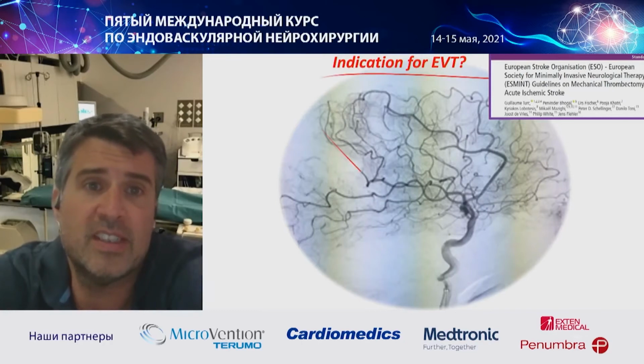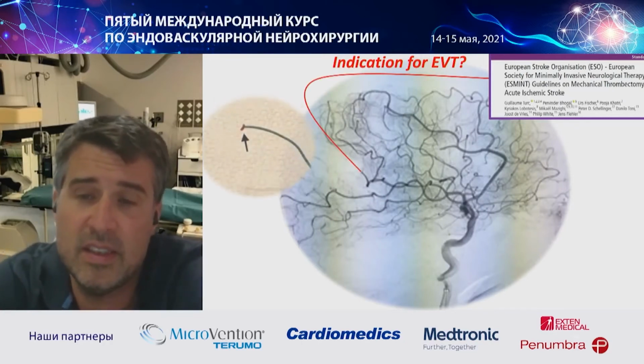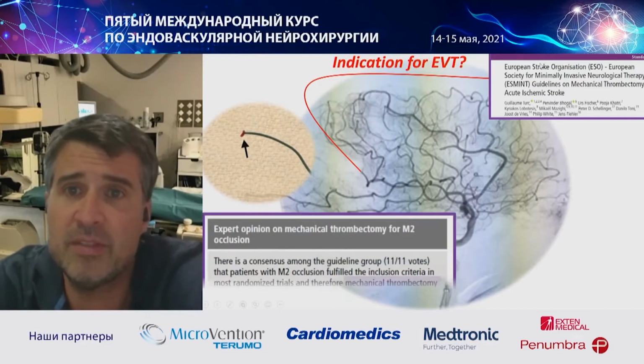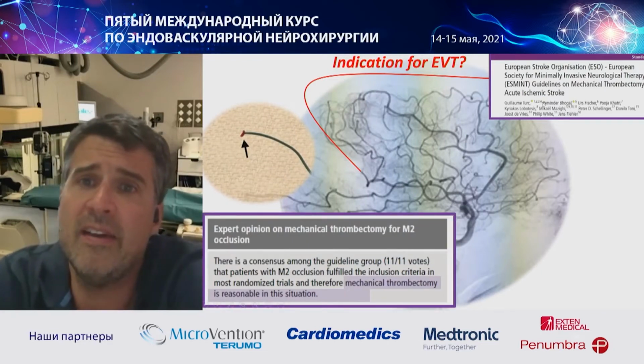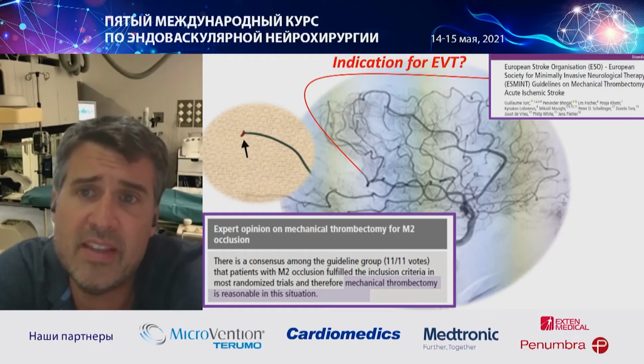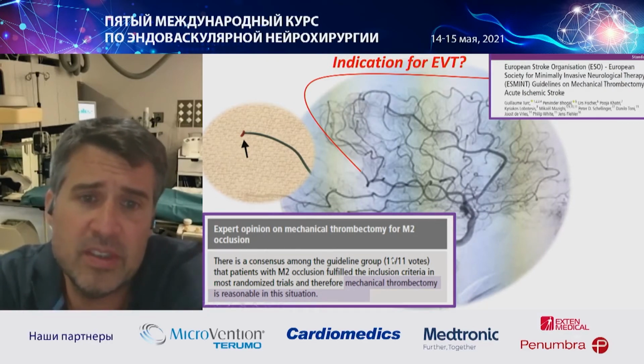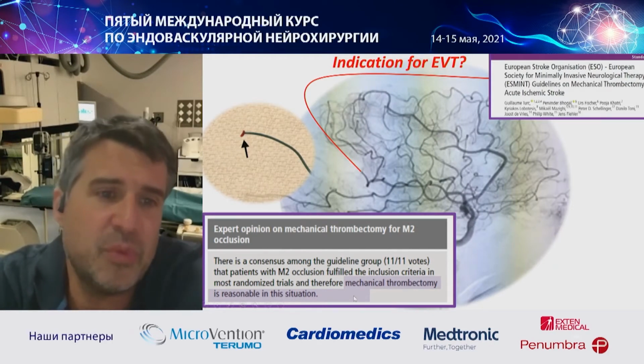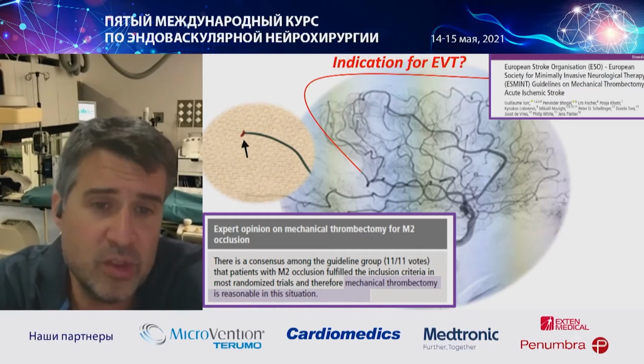Now for the indication of EVT for this distal occlusion, how clear is it? There is not much evidence. But from this article, from European associations and guidelines, experts gave their opinion that when it comes to M2 occlusion, it is reasonable to perform endovascular treatment.